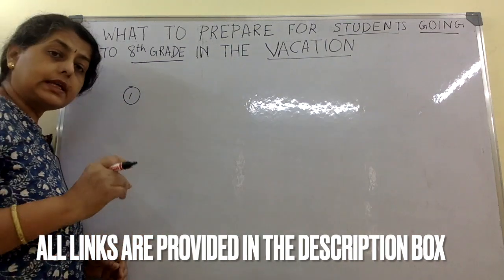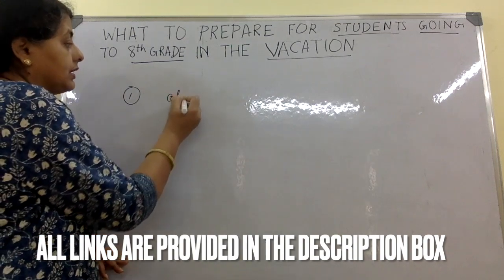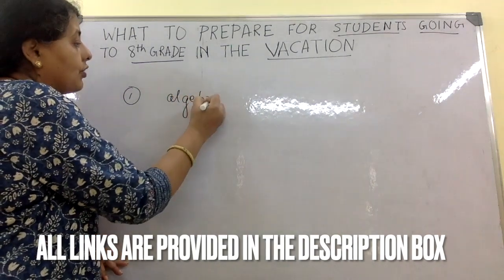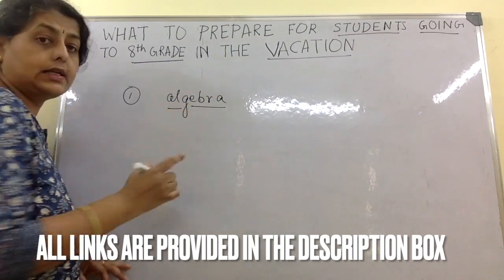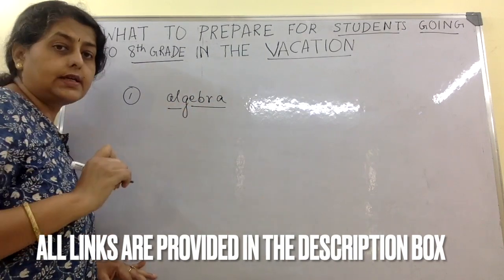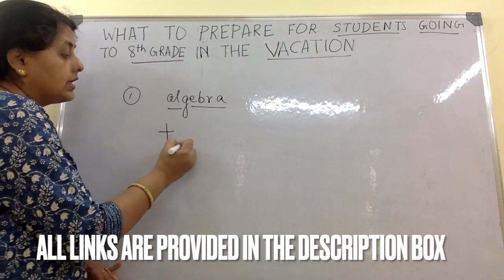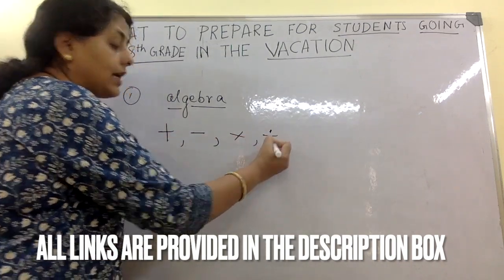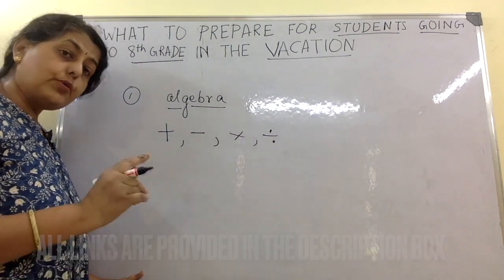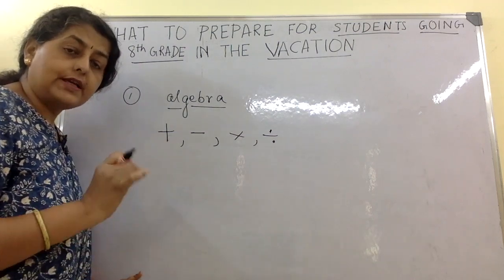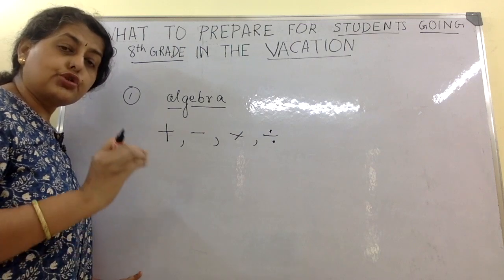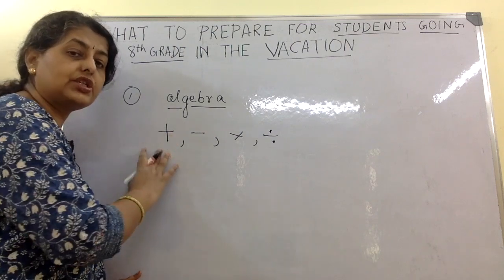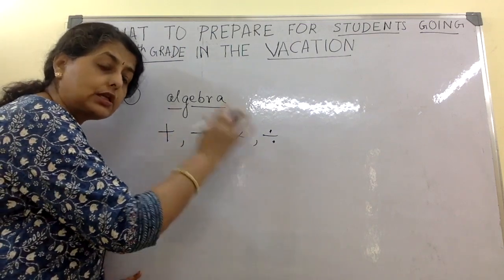The very first thing is algebra. In algebra, in 7th standard you have done addition, subtraction, multiplication and division of algebraic expressions. You should keep on practicing these very well.